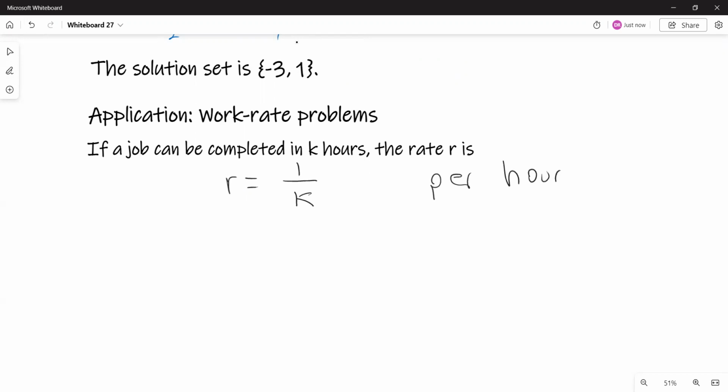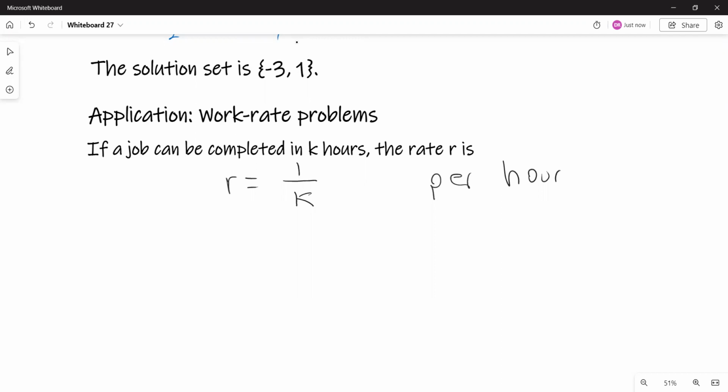So in 1 hour, that fraction of the work will be completed. After 2 hours, it's going to be 2/k. After 3 hours, 3/k, and so on and so forth. So after k hours, k/k, or one whole job will be completed.